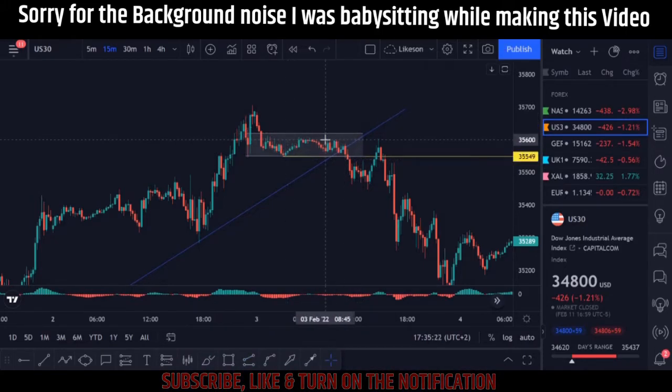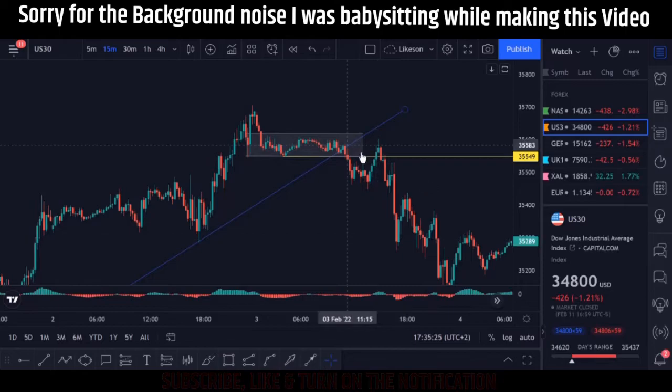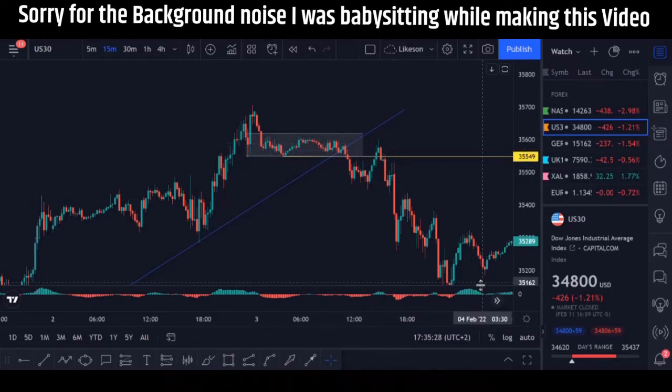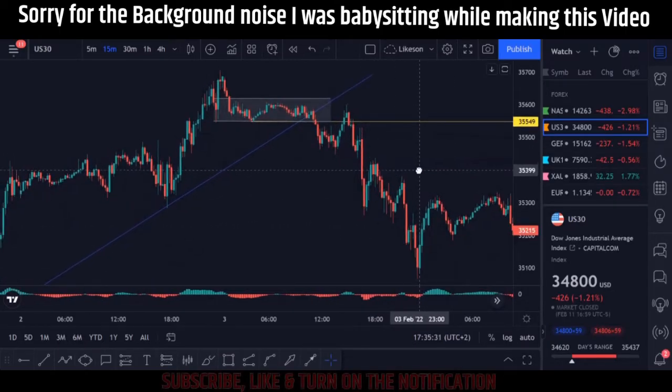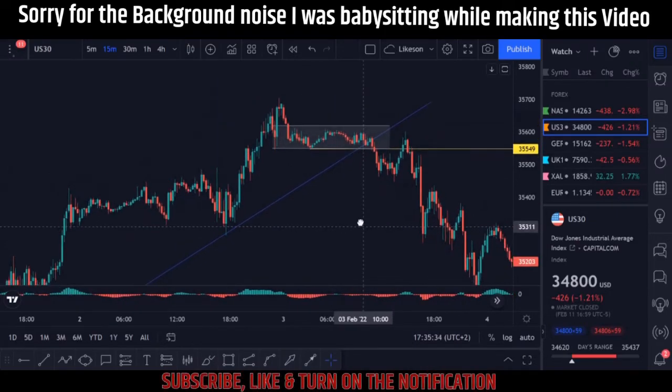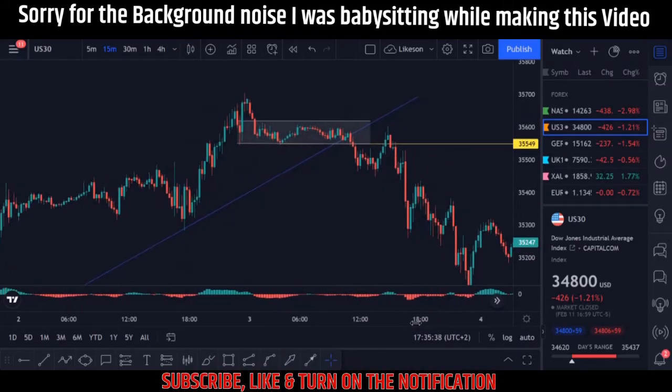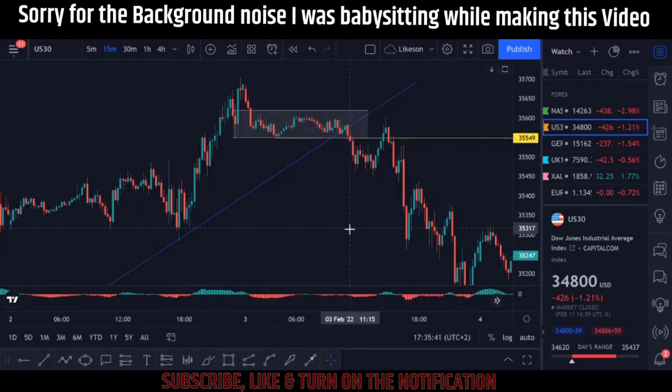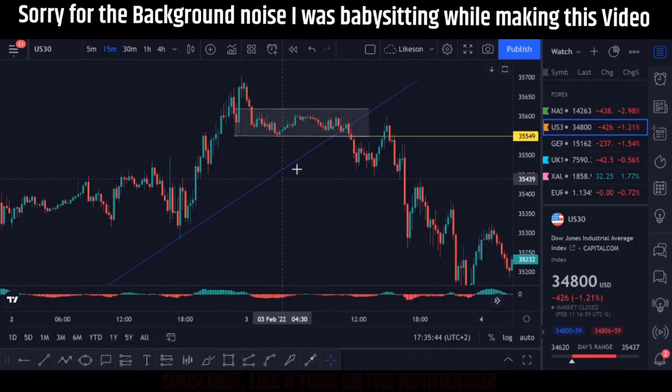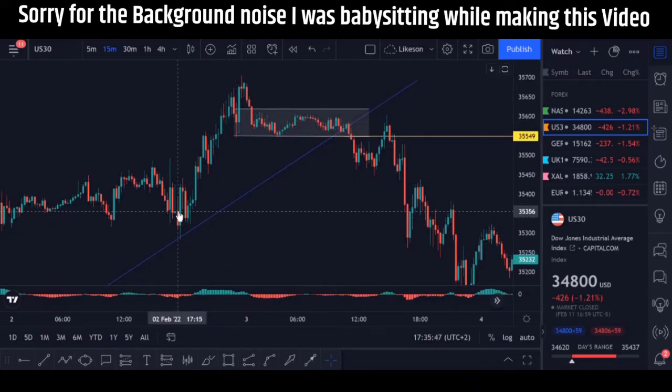Every time this gets broken, we expect the market to go back there, grab some liquidity, and then move downwards, right? So now for us to enter using a simple order block, since we're in an uptrend, we are going to look for the last green candle.